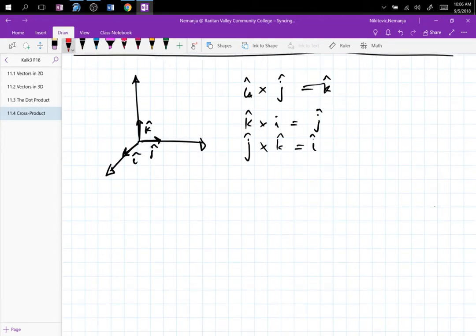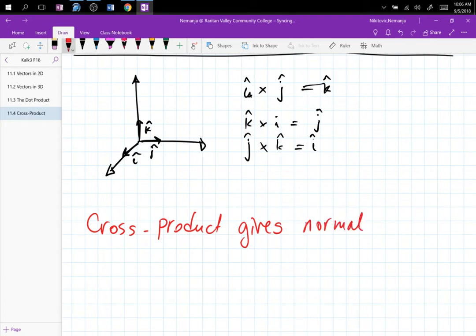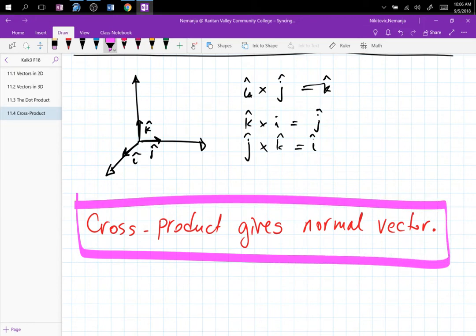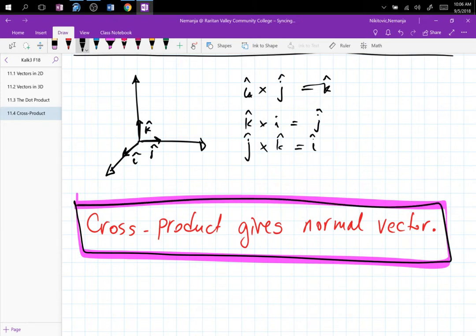Now, cross product gives normal vector. Behold your i and j.